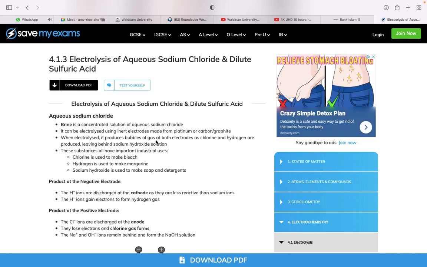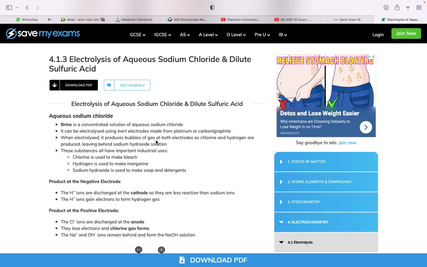When we say carbon, usually we talk about graphite. We can carry out the electrolysis using graphite. Is that okay? Are you with me? Yes. Okay.